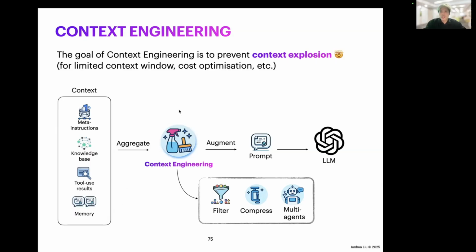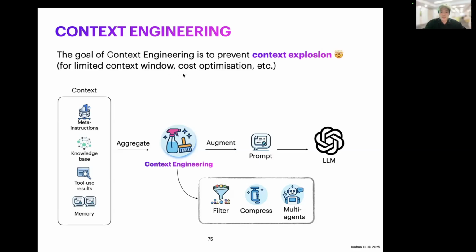The goal of context engineering is to prevent context explosion, and this is typically because of the limited context window, where all the LLMs nowadays have a limited size of prompts that you can pass in. For ChatGPT, it should be about 400,000 words. And for Gemini 2.5 Pro, they should be able to take 2 million tokens at the same time.